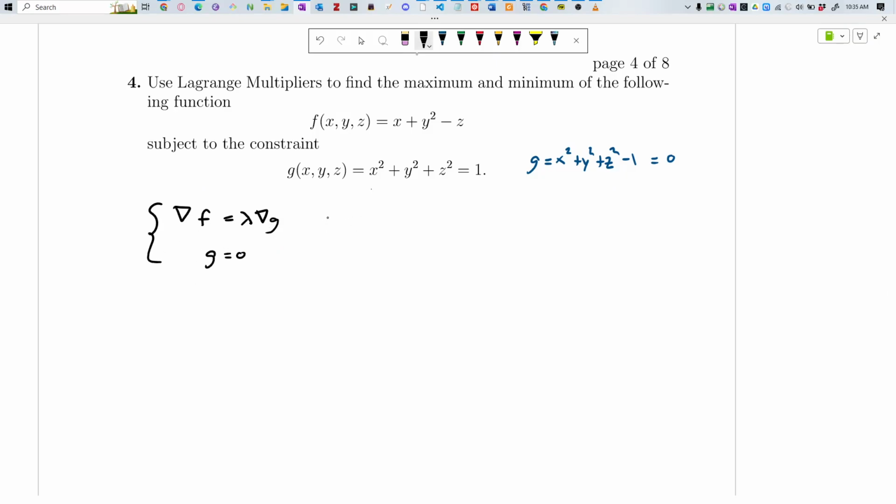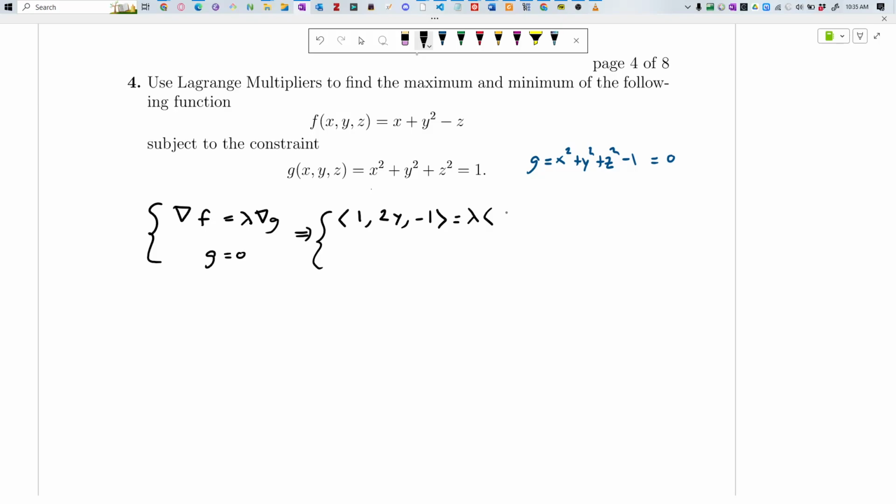And spelling out what exactly that system is, well, taking the gradient of f, so the x derivative just gives me 1. The y derivative gives me 2y. The z derivative gives me minus 1 lambda. And then I'm thinking about the gradient of g, where g is this guy in blue.